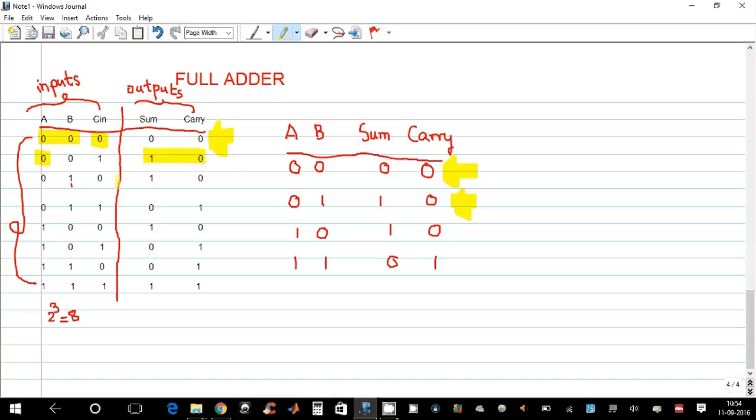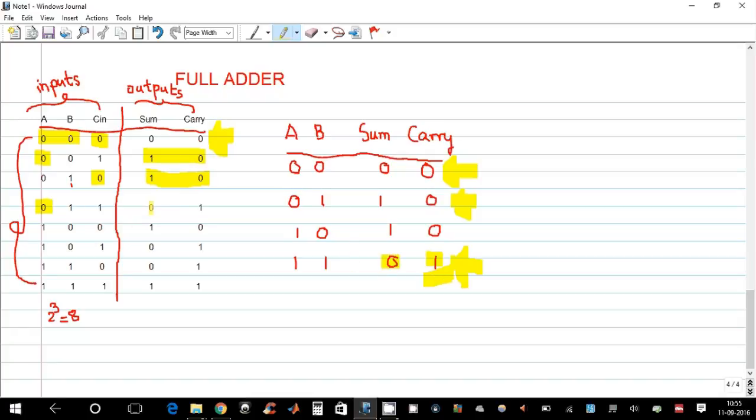Similarly, here let's say we are ignoring C in. So for 0 and 1, the same thing, 1 and 0, is written here. For 0, 1 and 1, obviously we need to ignore this A input, which is equal to 0. So for 1 and 1, as you can see in the half adder table, its sum is 0 and carry is 1.